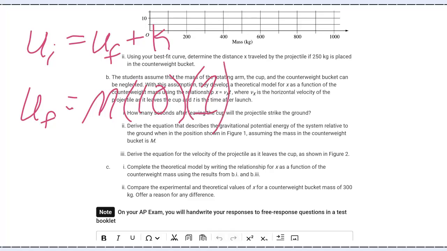And our height is 1 because the box is 2 meters from the pivot point, and then the pivot point is 3 meters off the ground. So the distance between the box and the ground would be 1 meter. Plus 10, our mass of the projectile, times gravity, and then that's 15 meters above. So that equals 10m plus 1500.